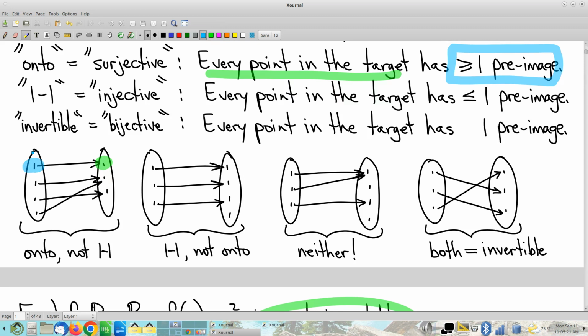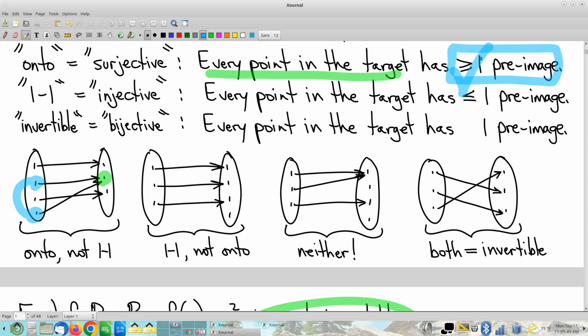So now let's think through, though. Is it the case for every point in the target? Is there at least one pre-image? Well, this one has one pre-image. This one has two pre-images. Let me highlight accordingly. For this point here, we have two pre-images, which you'll notice is at least one.